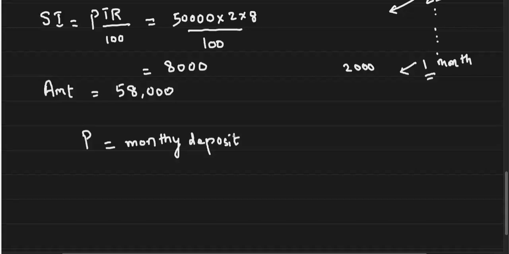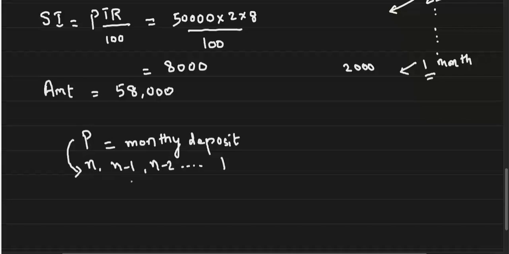Every month it is not changing, right? Whereas the number of months is changing: N, N minus 1, N minus 2, so on, up to 1 for the last month. First, this 2000 will get multiplied by N, that is 24.